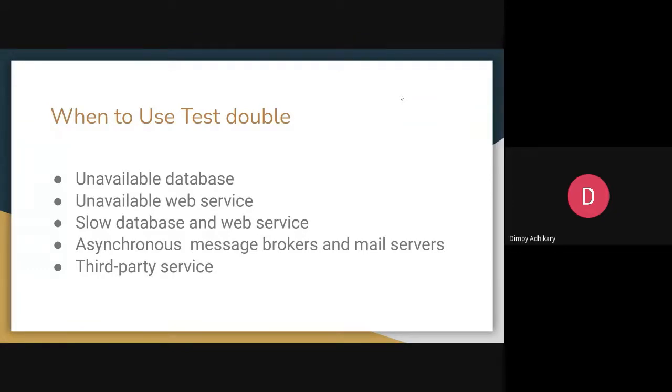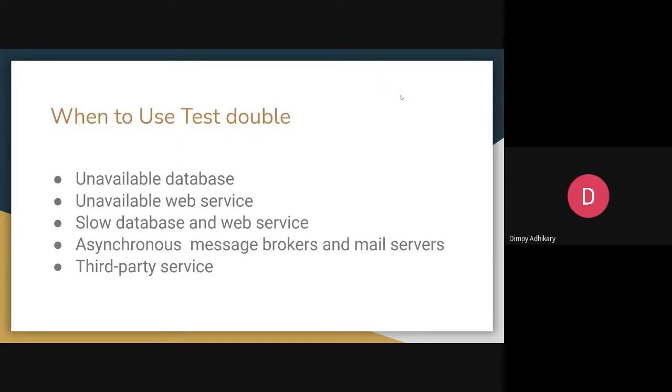Any API is not available, any database is not available, any mail servers are not available, we can replace that with a test double. It's as the name implies, right? You are creating a testing object which mimics the real object for you, to a certain extent. Okay, so when to use, or how test doubles actually help us.